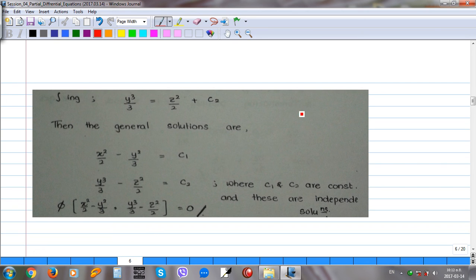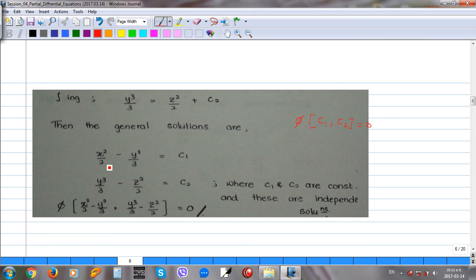Then the general solution we can write: phi of (c1, c2) equals 0, where phi is an arbitrary function.